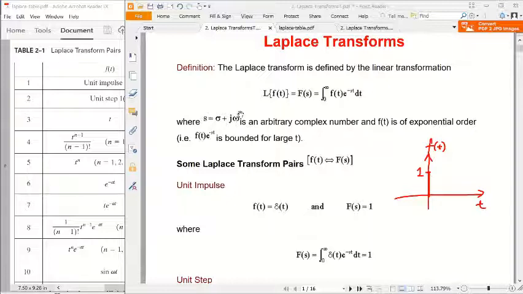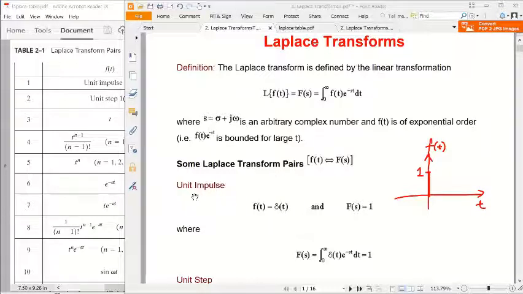But don't worry about this, because what we want here is just the symbol s. So multiply the function with e to the power of minus st, and then integrate that function, then you can get the Laplace equivalent of the function f(t). Okay, so let's try with a simple function first.